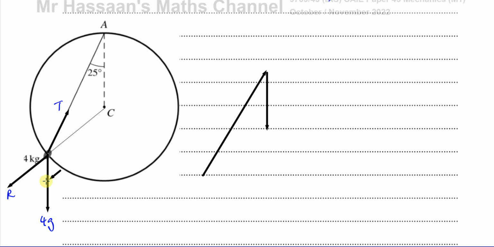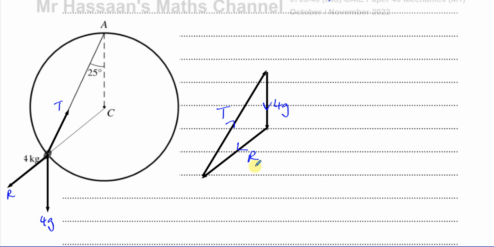So I'll draw a line parallel to this line and move it along here. And that line has to meet up. There has to be a closed loop. So this is T, and this is 4G, and this is R.